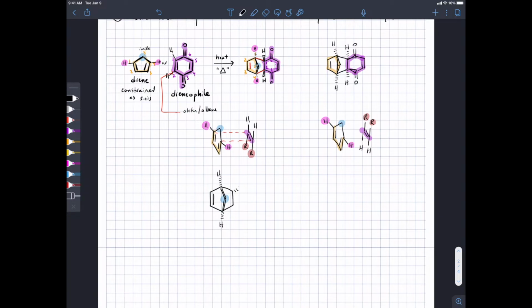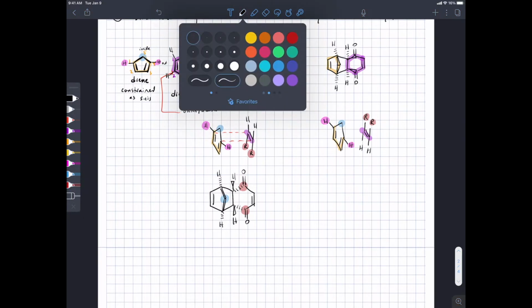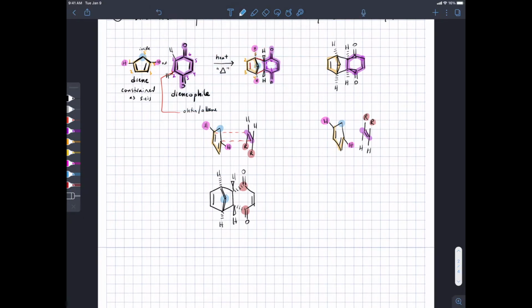And in this case, those R groups are down. So this would be what our product looks like. And so we're going to pay attention to the relationship between the blue group here and the red groups here.